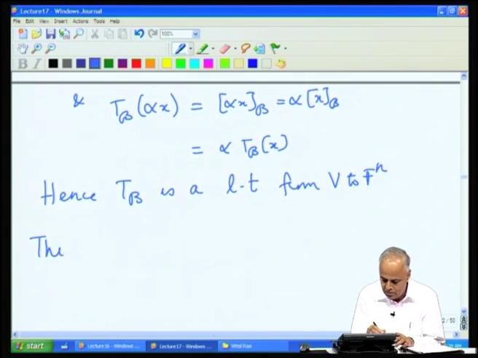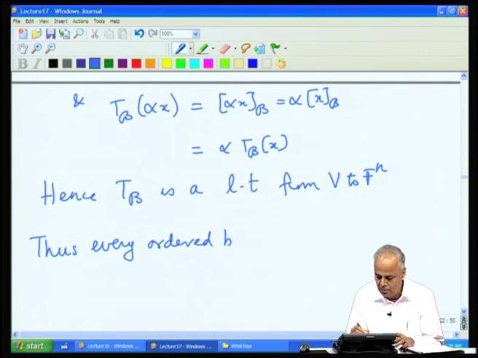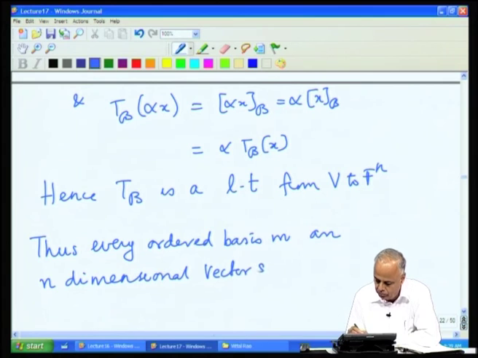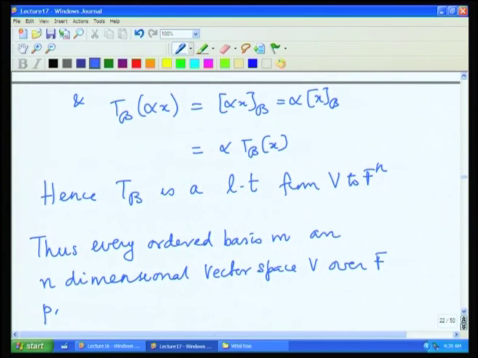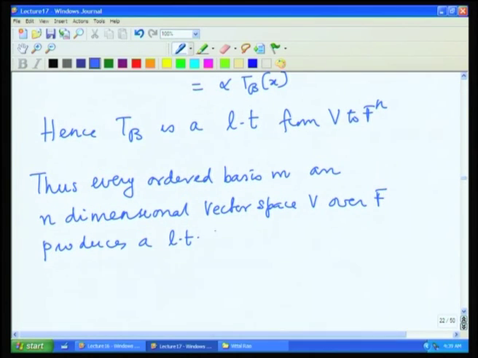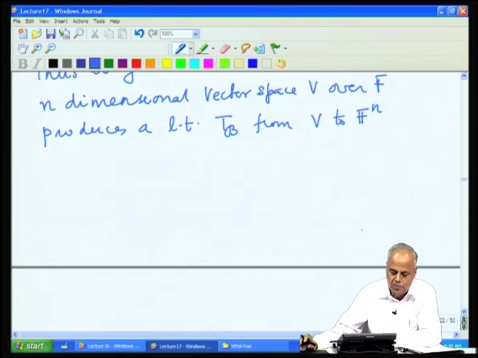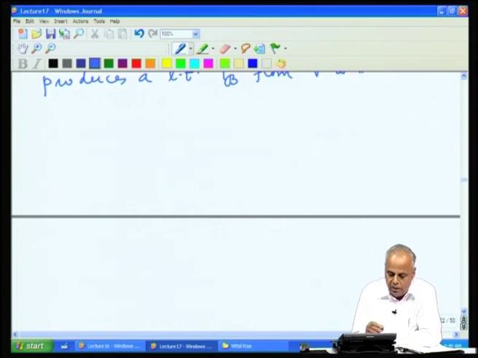So, thus every ordered basis in an n-dimensional vector space V over F produces a linear transformation T B from V to F n. So, that is our first example, which actually motivated our definition for linear transformation.